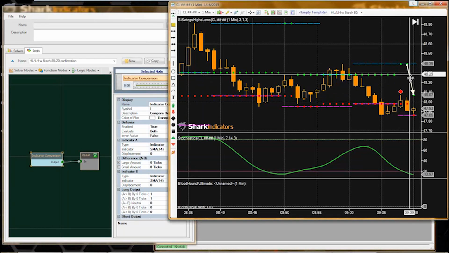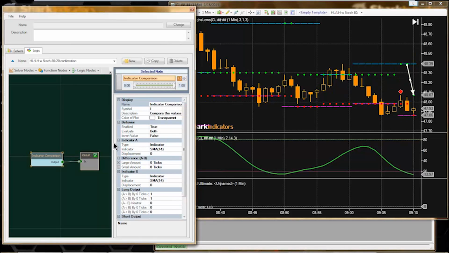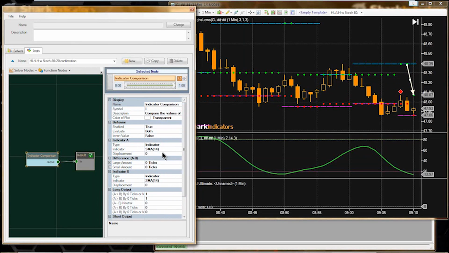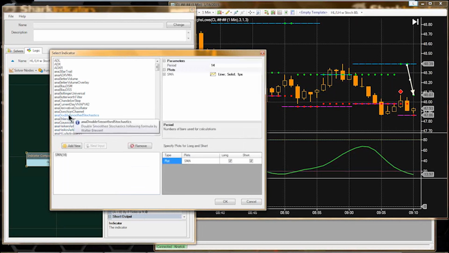So this is what we're looking for, when this indicator steps down. The way I'm going to do that is I'm going to put the swings high-low indicator in both indicator A and in the indicator B section here. Let's go set those up.